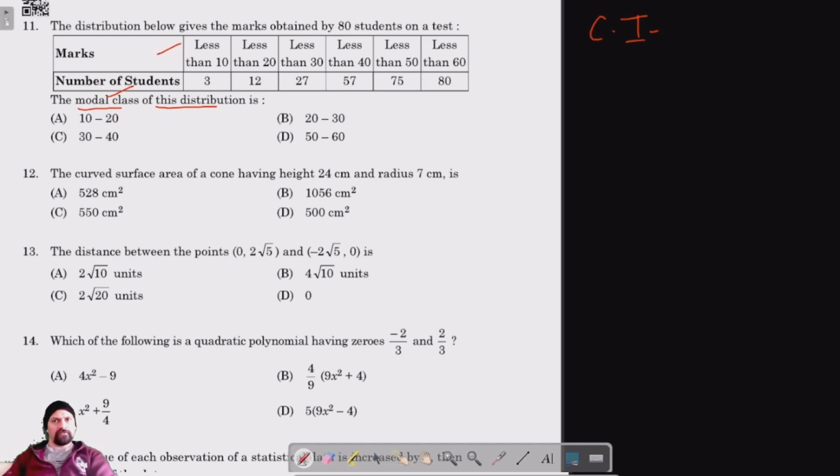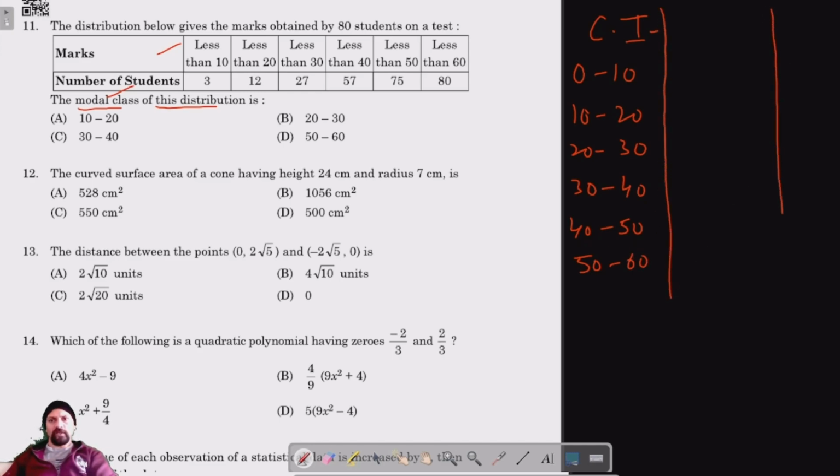The first class interval is less than 10, which is 0 to 10. The next one would be 10 to 20, then 20 to 30, 30 to 40, 40 to 50, and then 50 to 60.